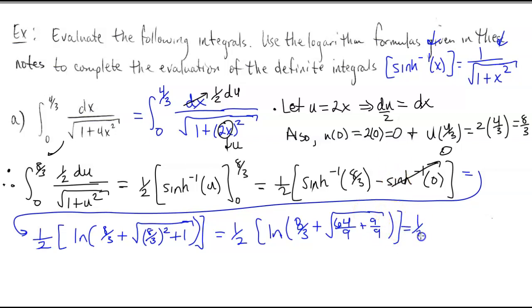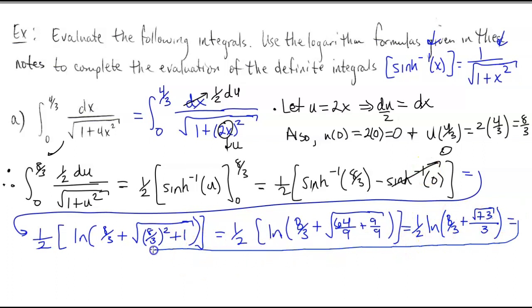And so here this could be 1/2 of natural log of 8 over 3 plus, and 64 plus 9 is 73, so this will be square root of 73 in the numerator. In the denominator, of course, the denominators are the same, so we'll just have square root of 9, and square root of 9 is just 3.